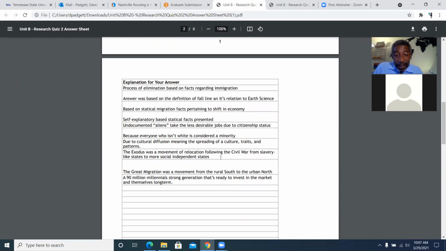This explanation, I don't know. I'll have to think about that one. The Exodus was a movement of relocation following the Civil War from slavery-like states to more social independent states. I don't know what that means, but okay.